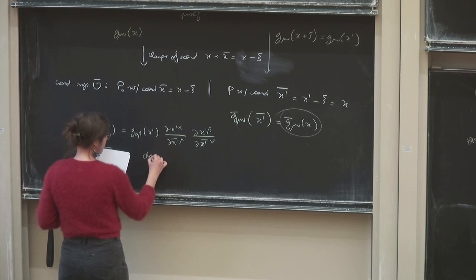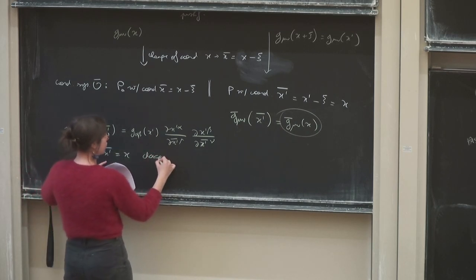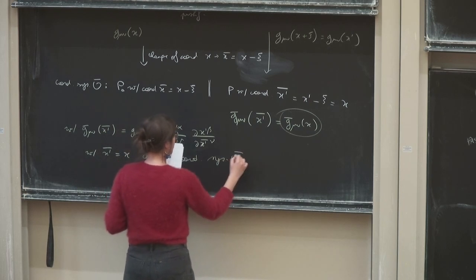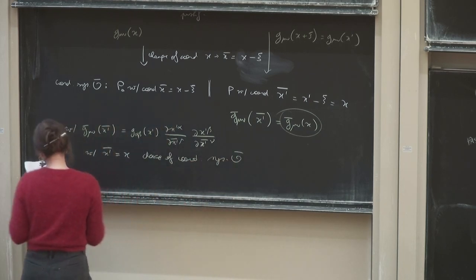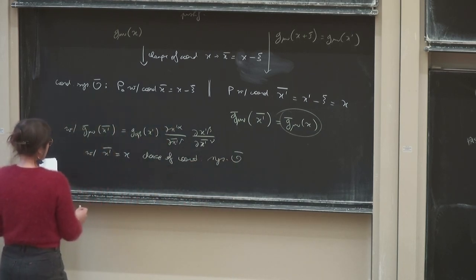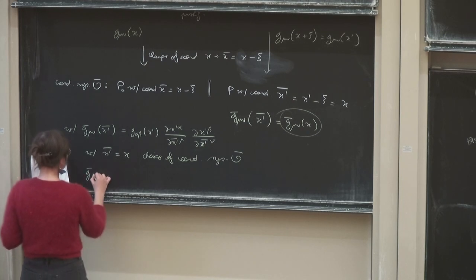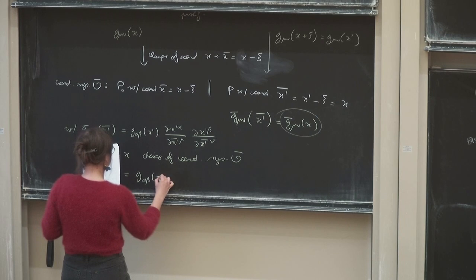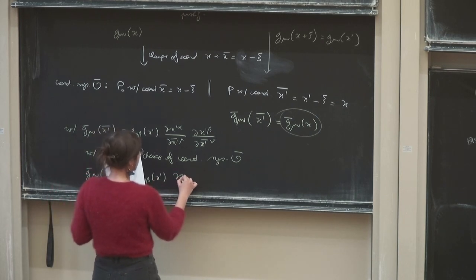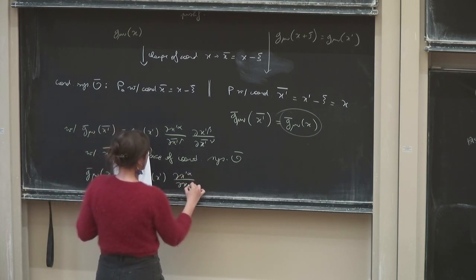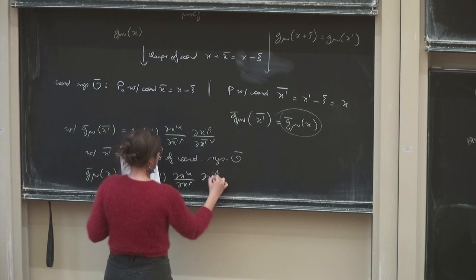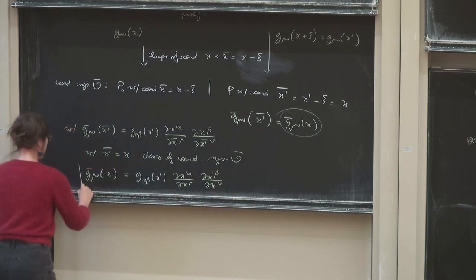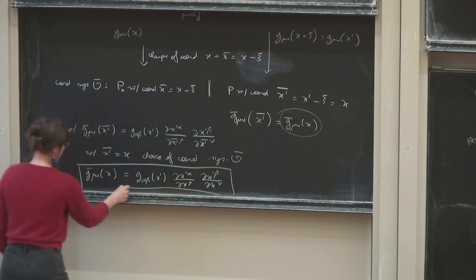So this line is just a choice of coordinate system O bar. So having done that, I have G bar mu nu of x is G alpha beta of x prime, dx prime, dx, dx prime, dx. And that is all I needed to show.